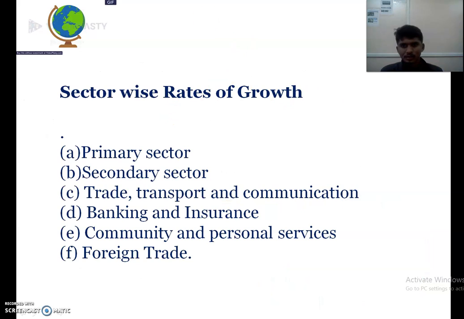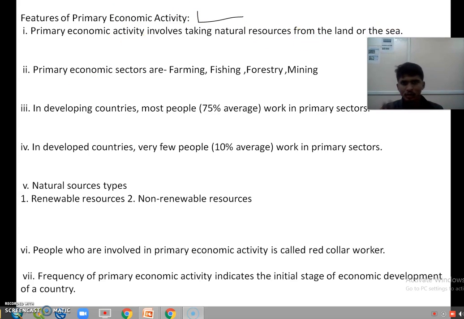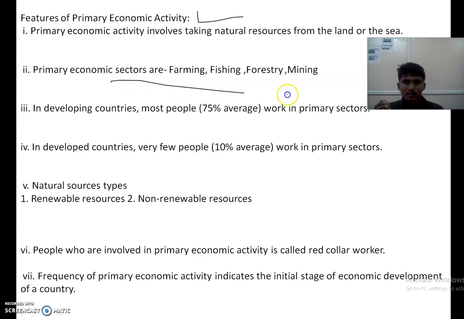So here is the last point: sector wise rates of growth. Primary sector, secondary sector, trade, transport and communication, banking and insurance, community and personal services, foreign trade, etc. Then the next is features of primary activity. So pause this video and note this down, because I have already explained about the features and examples.